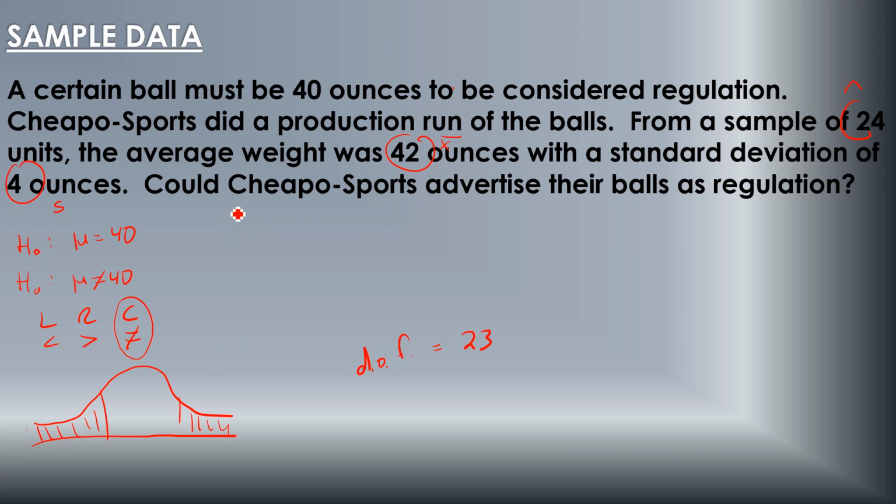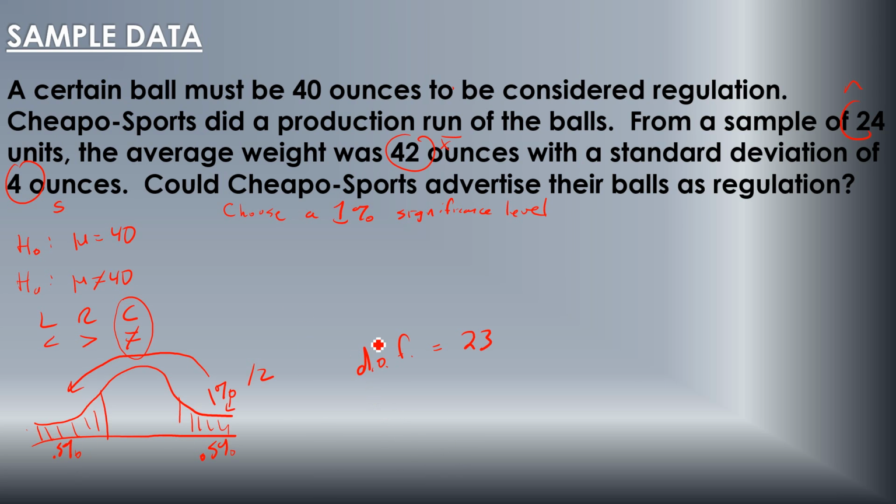Now, I did not specify the significance level in this problem, so we get to choose it. Let's choose a 1% significance level. Well, what does that mean? That means 1% is divided between both sides, so I'm going to have to divide that by 2. So this is 0.5% on the left, and this is 0.5% on the right.